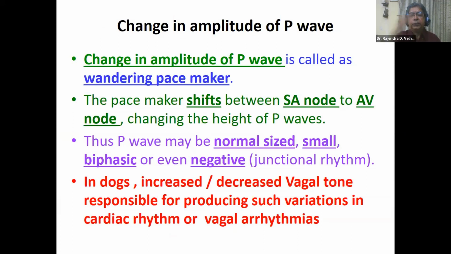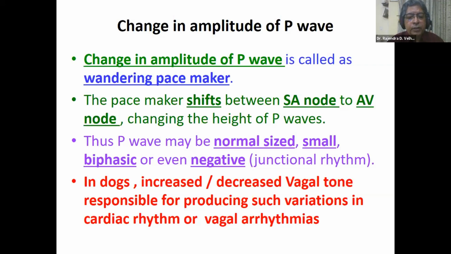In the rhythm strip, you may see some of the P waves of normal size, small, some may be biphasic, or even negative when the impulse totally goes to the AV node or to the junctional tissue.